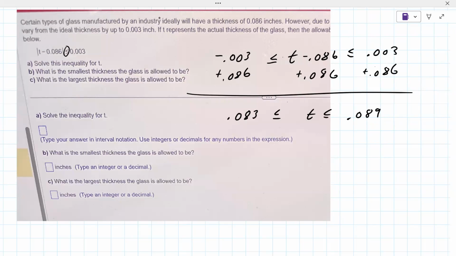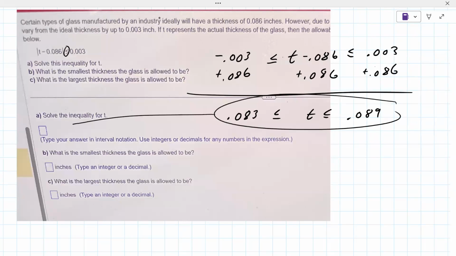So the smallest is 0.083, and the largest is 0.089.